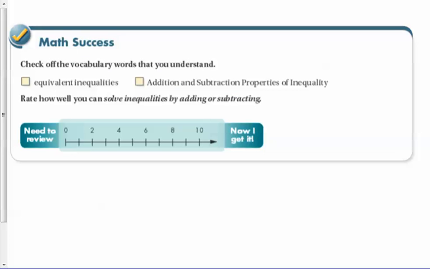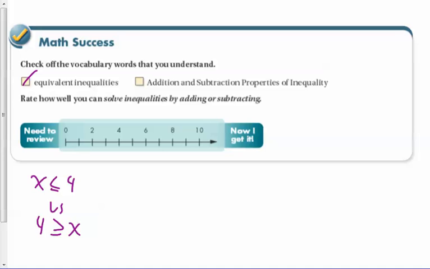Also, do you know what equivalent inequalities are? If you don't, then put that in your words now. Equivalent inequalities are like x is less than or equal to 4 versus 4 is greater than or equal to x. Those are equivalent.